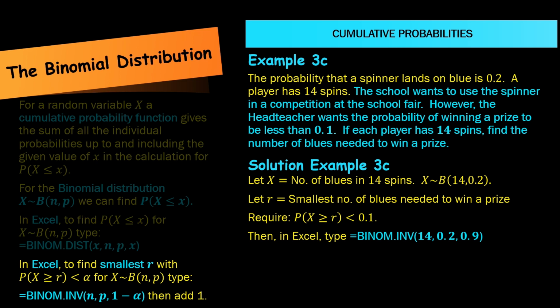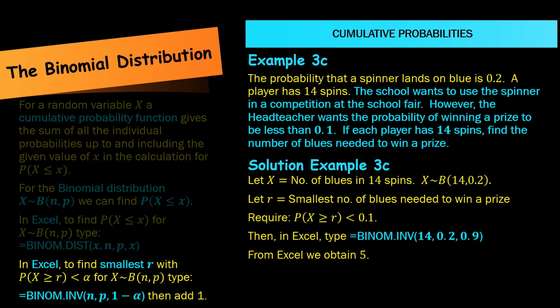And so we plug in the relevant values. Equals binom.inv, open bracket, n equals 14, p equals 0.2, and 1 minus alpha equals 0.9.